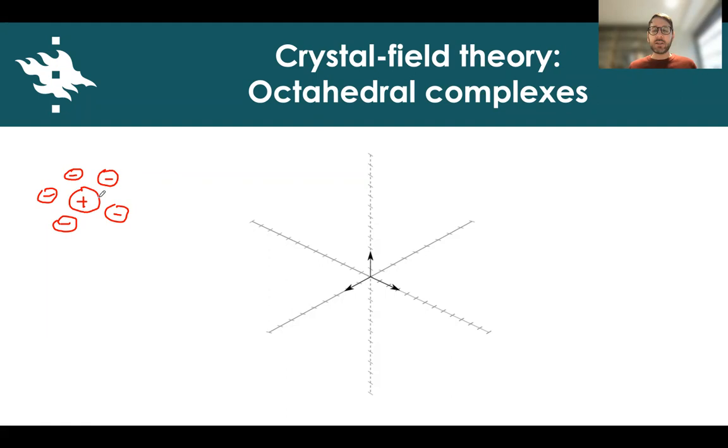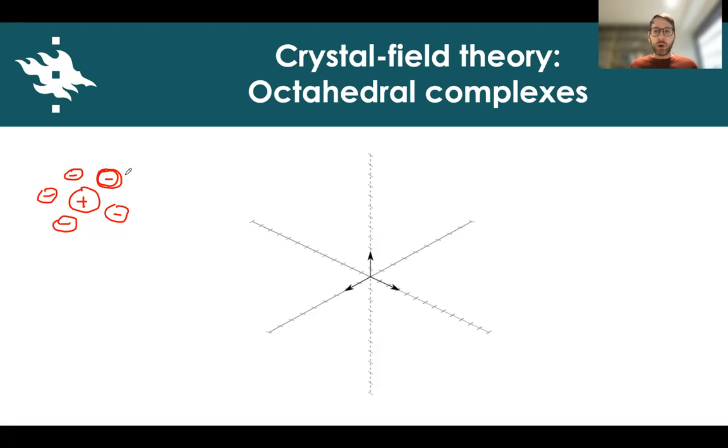In this case, the crystal field theory to describe bonding in the complexes is based on the repulsive interactions between this negative point charge in each ligand and the electrons in the d orbitals of the metal atom.